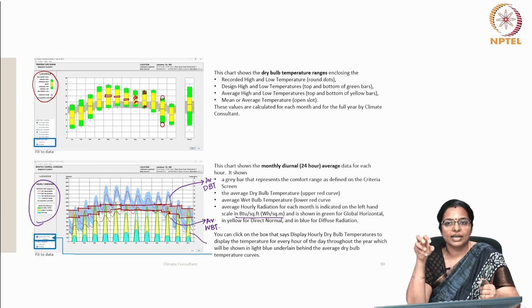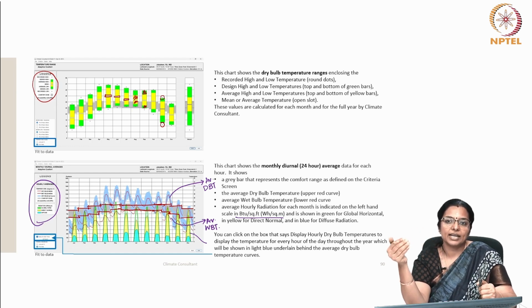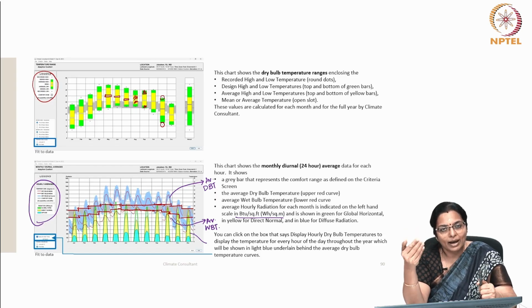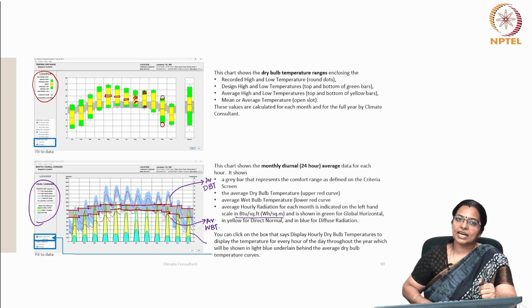Global horizontal radiation is the sum of diffuse radiation from the entire sky vault plus direct normal radiation from the sun times the cosine of its angle of incidence to the ground. All this is very difficult for us to calculate manually. The task becomes very large, but a graphical representation like this is good enough for us to extract and understand the data.